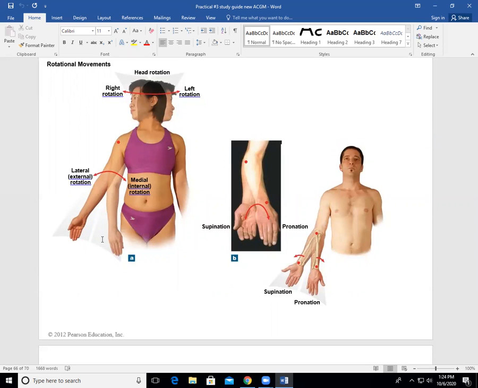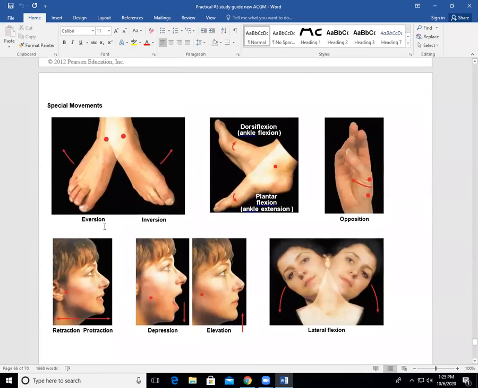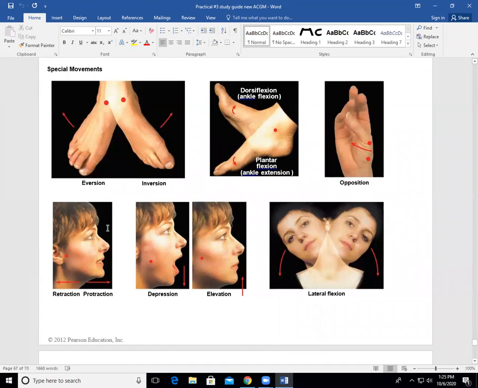With the hands, anatomical position is here. You turn them over, you pronate. Turn them back, you supinate. Pronation, supination. All right, moving your ankle in is inversion, out is eversion. Digging in your heels is dorsiflexion. Staying on your tippy toes is plantar flexion.